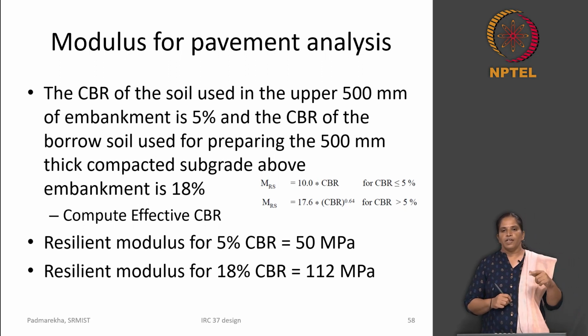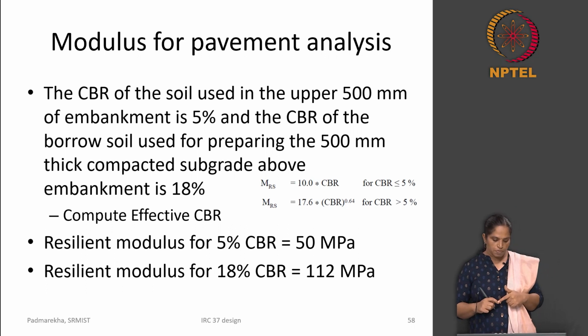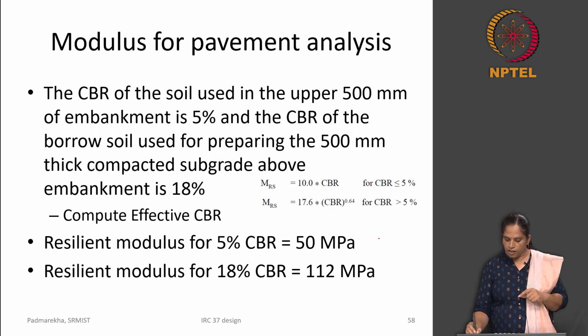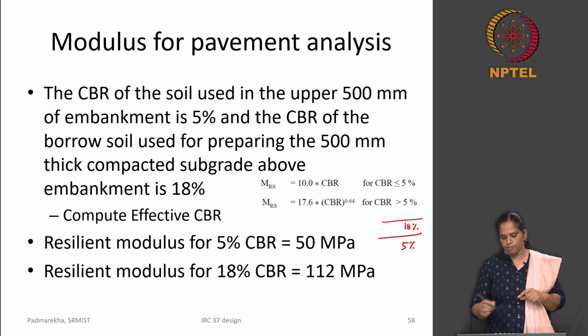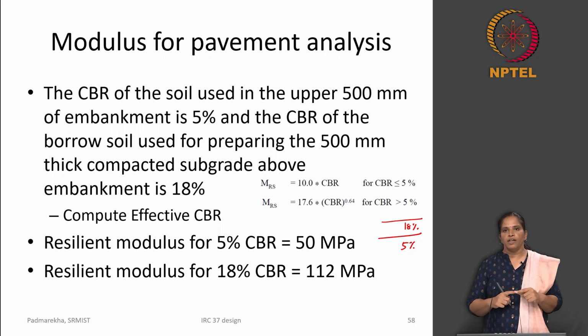So now we will see one by one the modulus values that we need to consider for the design here. So we have a subgrade to be considered as 2 layers. The bottom layer will have a CBR of 5% and the top compacted layer will have a CBR of 18%. Now in such a case, what will be the effective modulus to be used in the design here? First we will compute the effective modulus.